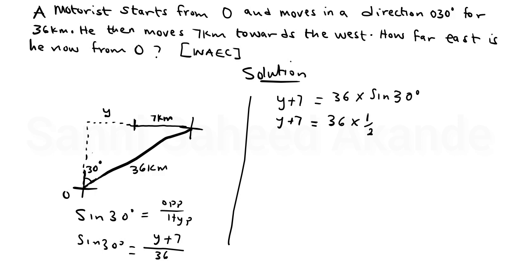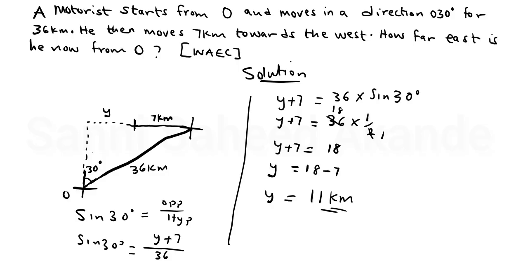So y plus 7 is equal to 36 over 2, that is 18. So we have y plus 7 is equal to 18. When you collect the like terms, you have y equal to 18 minus 7. So y is equal to 11 kilometers. So that is the distance that the motorist is from O.